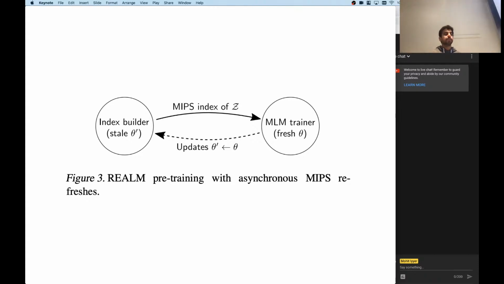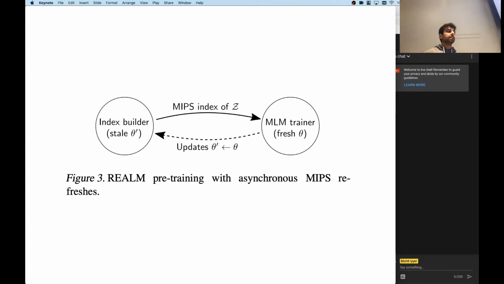Okay, so you can tell that in order to integrate retrieval into these language models, there's a couple hacks that need to happen to make this whole process feasible. But on the other hand, now your model essentially has access to all of Wikipedia, and it can essentially look up information that it thinks will be useful to filling in these mask tokens.